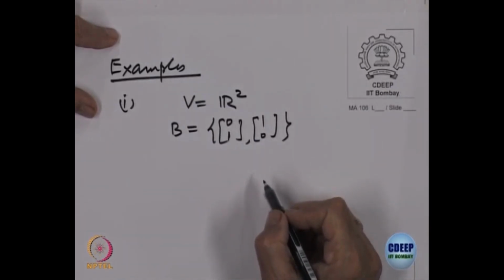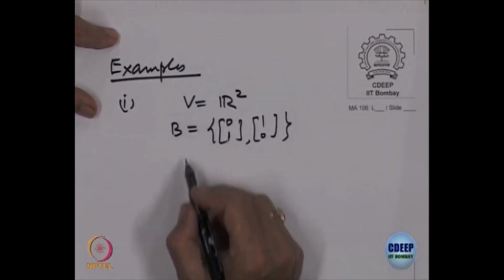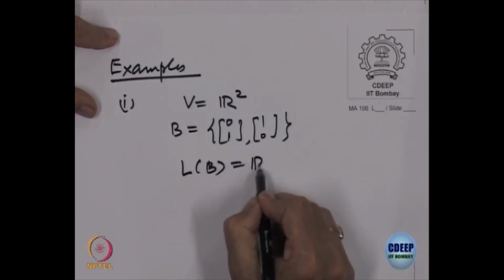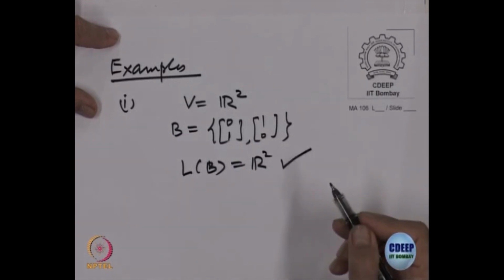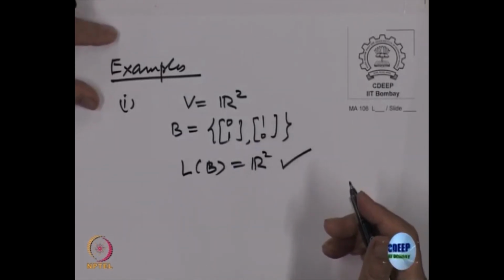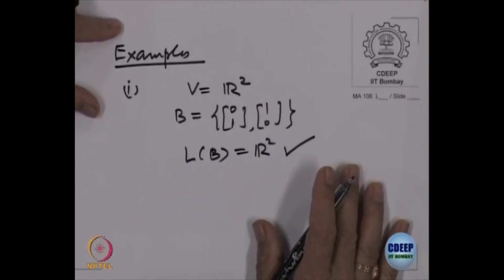So, L of B is equal to R 2. Is that okay? We just now said every vector in R 2 is a linear combination of this, right.